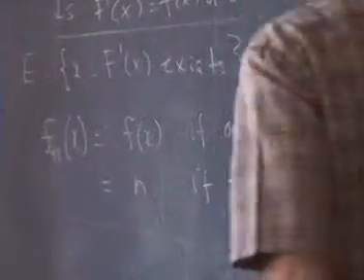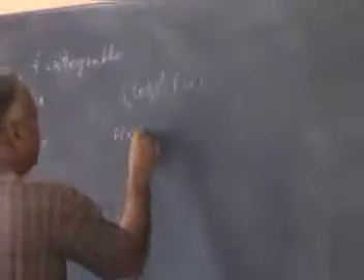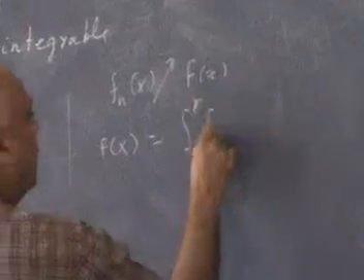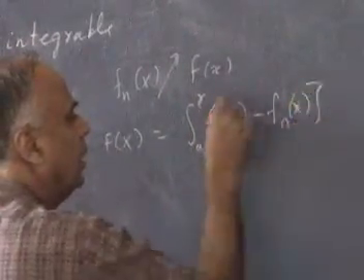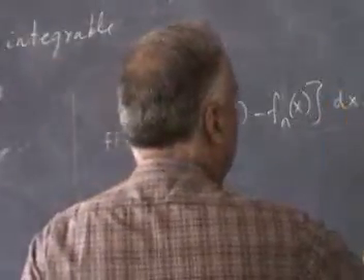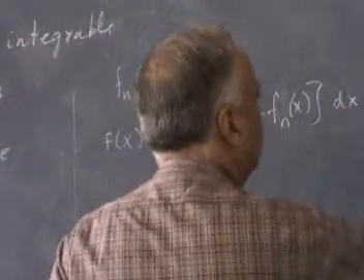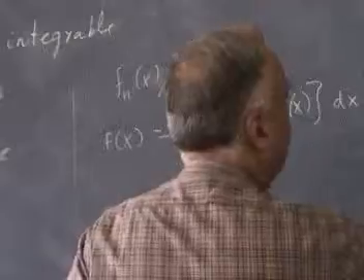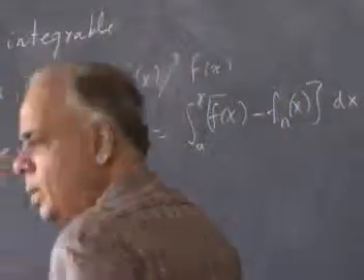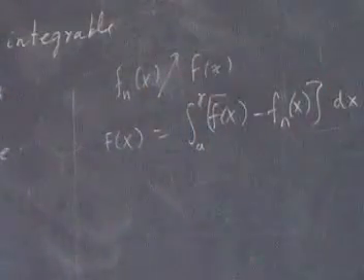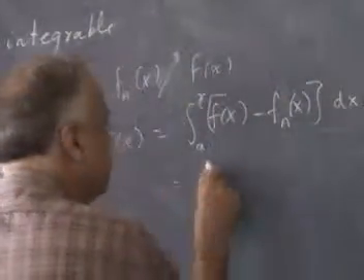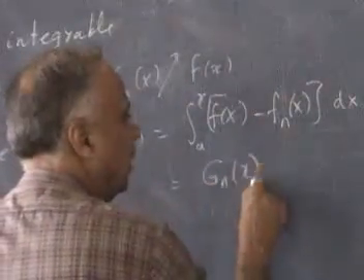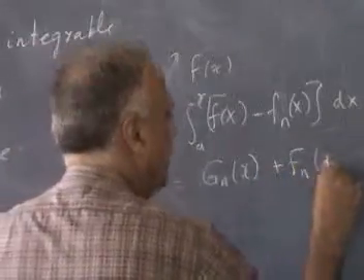Now you look at this F(x). I'll write it as F = G_n + F_n. All these f_n(x) are nice fellows. They are bounded functions. Okay. Let's call this G_n(x) and this F_n(x).